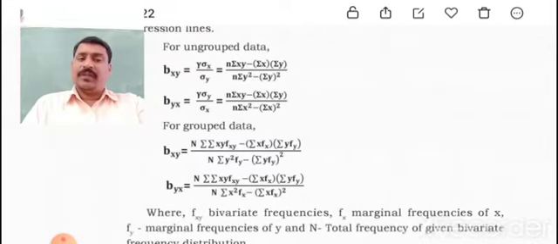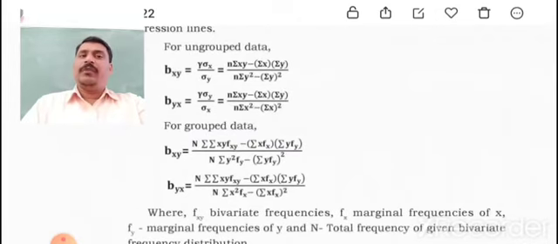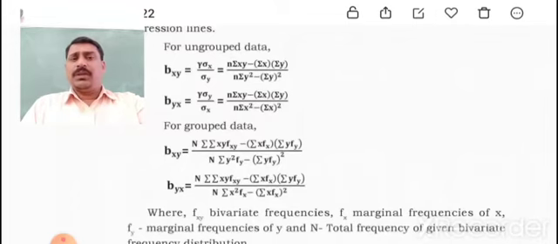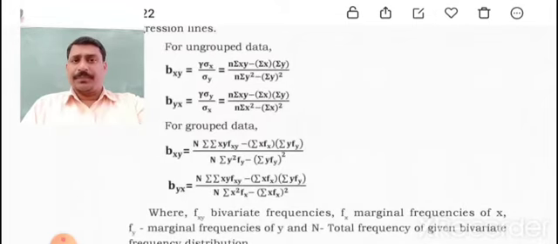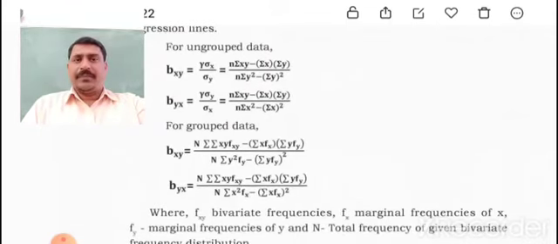If you refer to that formula carefully, it is almost similar to the formula of correlation, where the denominator part is taken half, not full, and the numerator part is the same as the correlation formula.